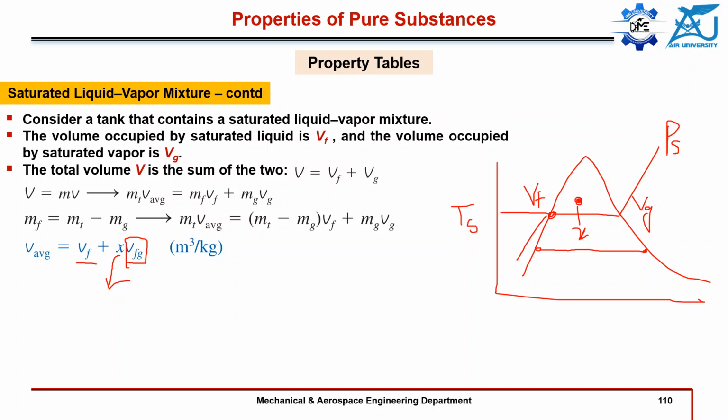Due to this change in x, your average specific volume will change. And not only the average specific volume, the other properties like the specific enthalpy and specific entropy will also change.